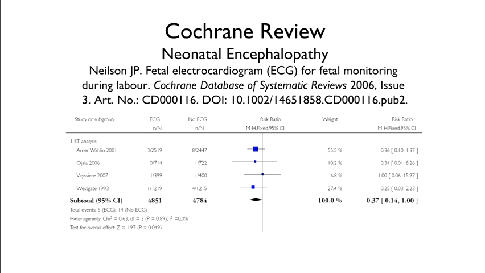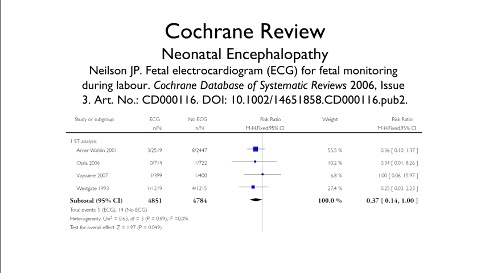You can see there was a reduction in neonatal encephalopathy, and that reduction had a 95% confidence interval that touched 1 but was mostly below 1. That difference was still statistically significant. So there was a significant reduction.